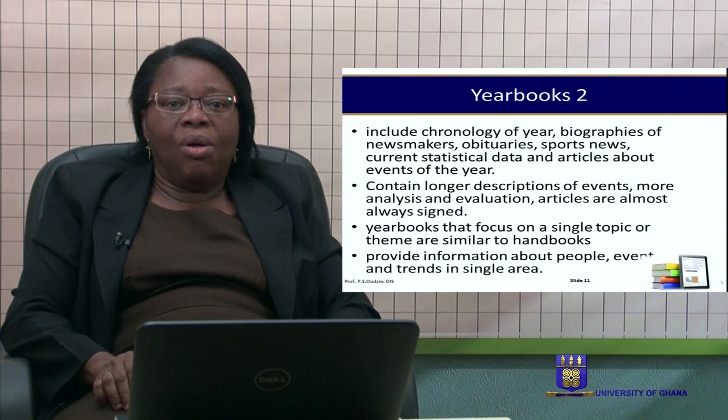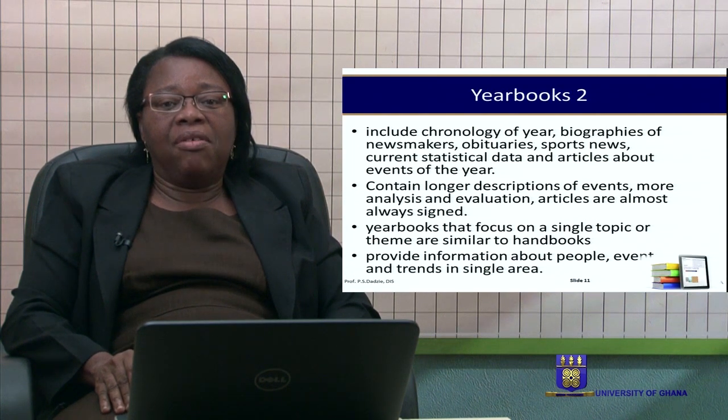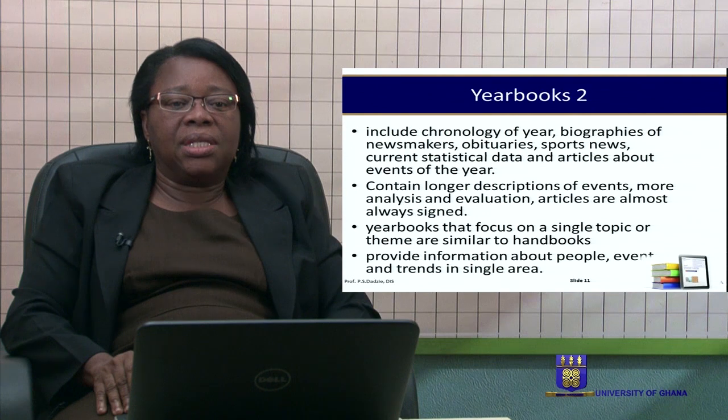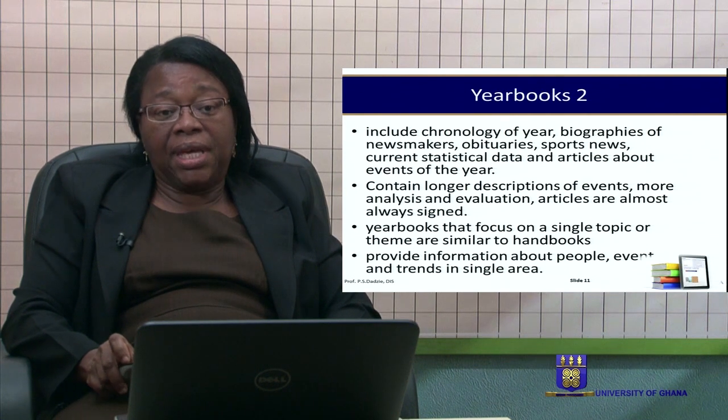The yearbooks are also brief, but with slightly longer descriptions. And they are also in single volumes because they try to have very brief information. They provide information about people, events, or trends in a specific area.